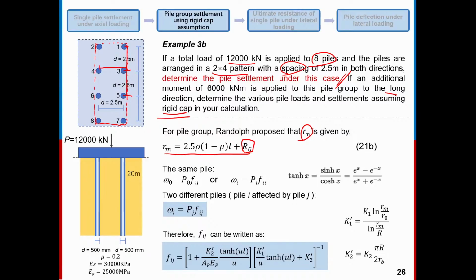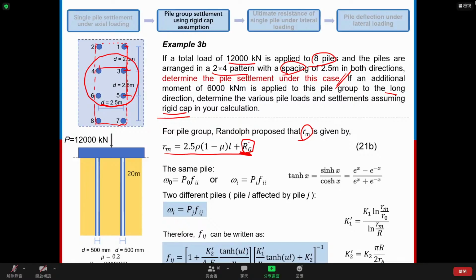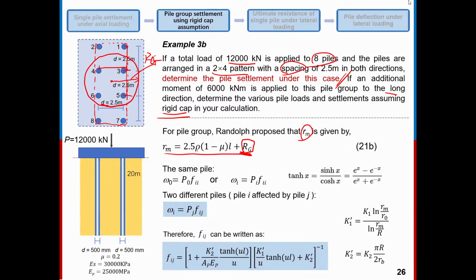So for example, the equivalent circle is like this. This circle has the same area as this red dashed rectangle. So Rg is the radius.